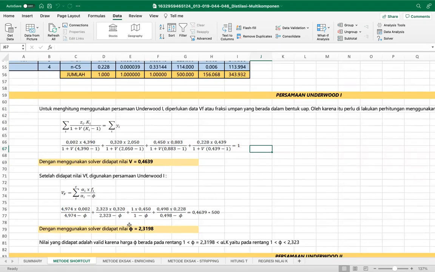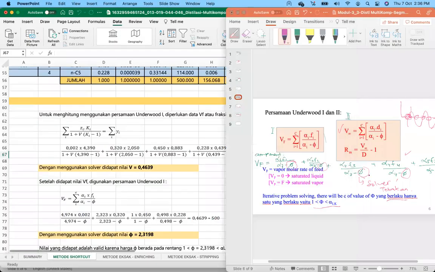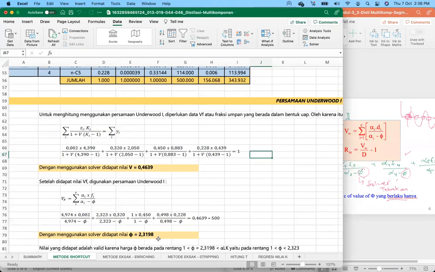Again, we have a nonlinear equation here with four components, and we use a guess between 1 and alpha LK. The alpha LK, or the relative volatility of light key, is about 2 point something.